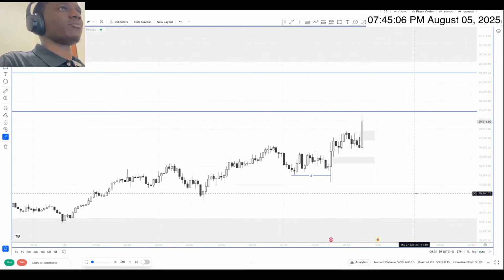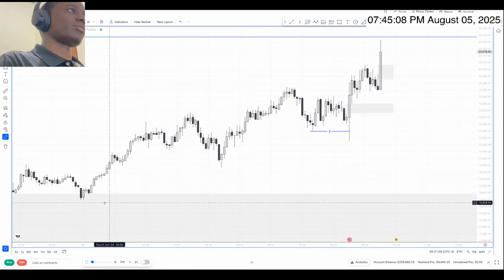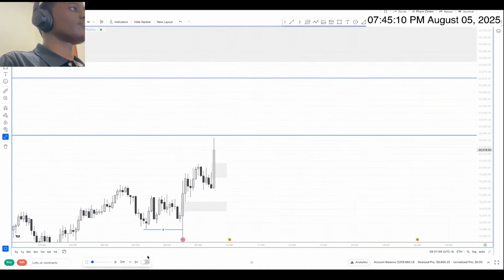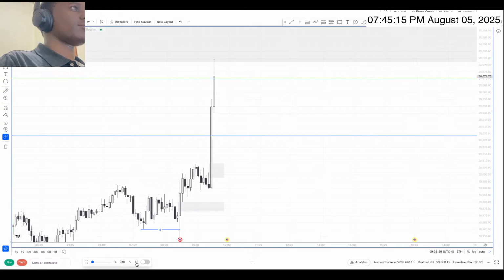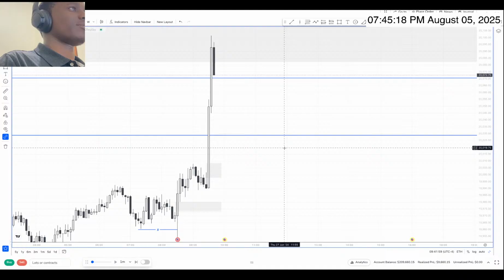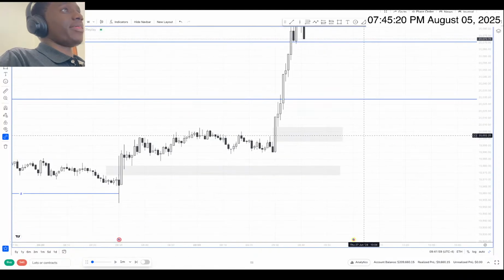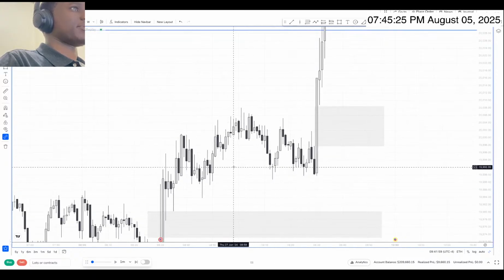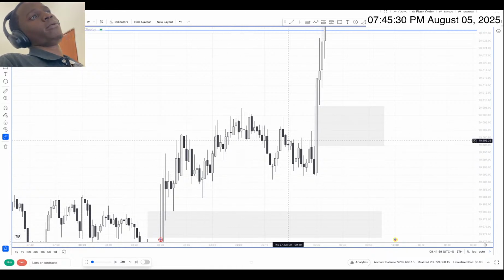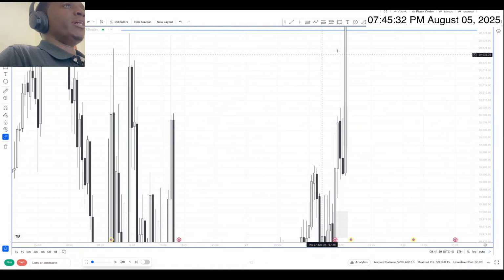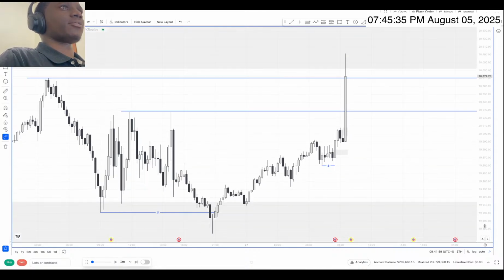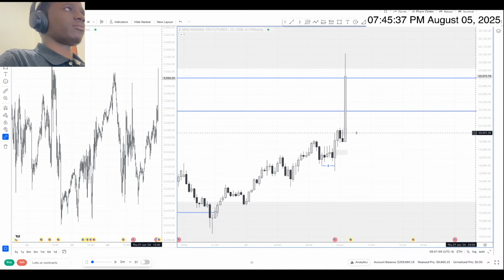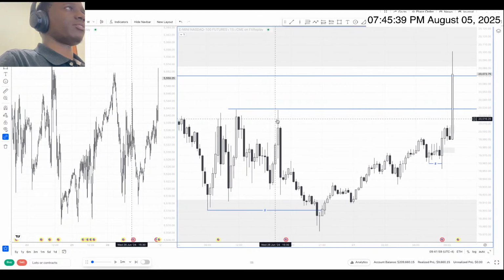And ES, so if we get an SMT, then we might look for lower prices to take out this low resistance liquidity. So we end up taking out that high, and we even continue higher into that POI without an entry, which means there was no entry here. It dropped maybe twice without providing an entry, and it's okay because it's normal for the market to move without providing any kind of entry.